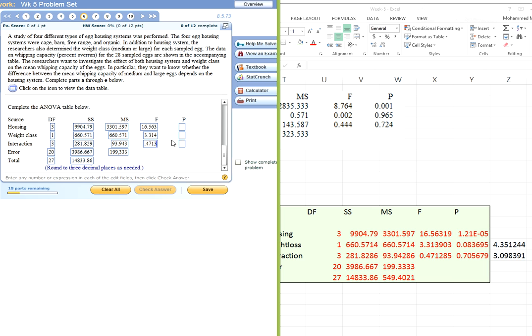And the last one is 0.4713. Okay, the p-value is 0.000, and then here 0.08383, and this is 0.706.